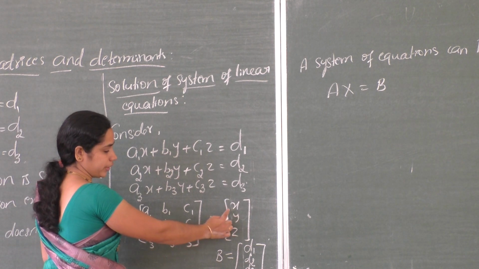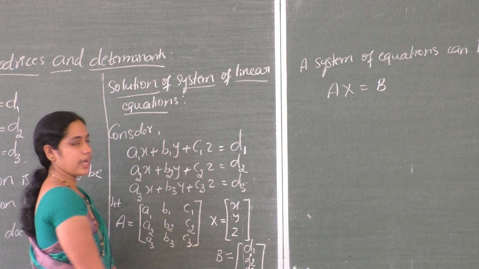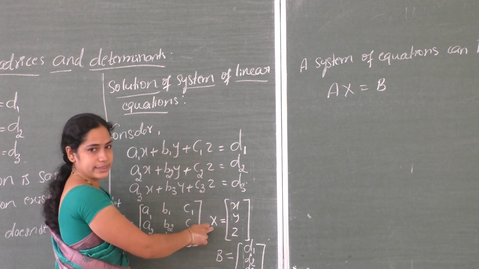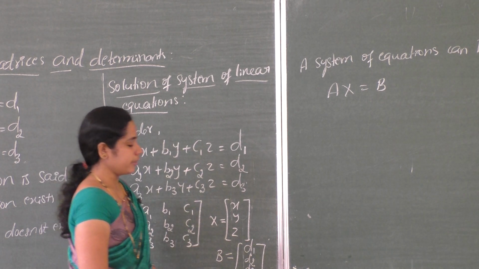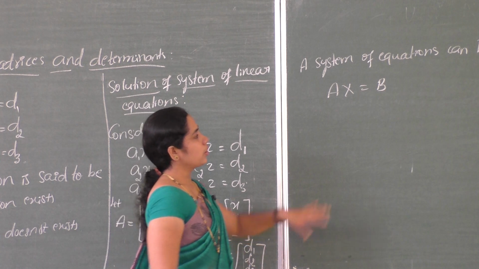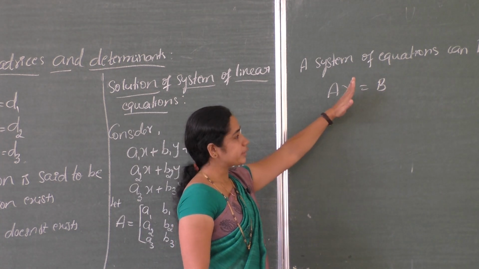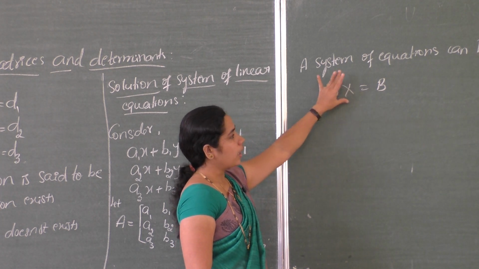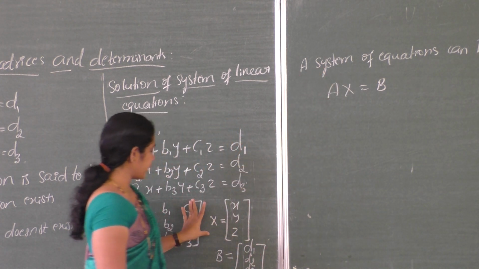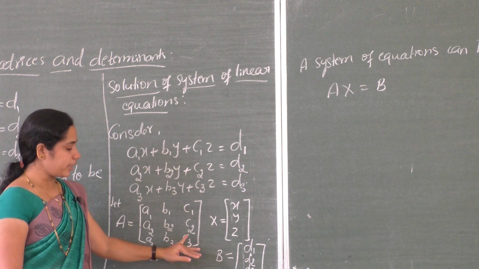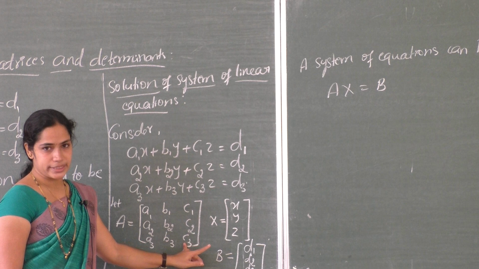We need to find that X, Y and Z. That means we need to find matrix X. Here there are two cases now. AX equal to B: a solution may exist or may not exist. Here A is one matrix. Determinant of A can be 0 or determinant of A cannot be 0.